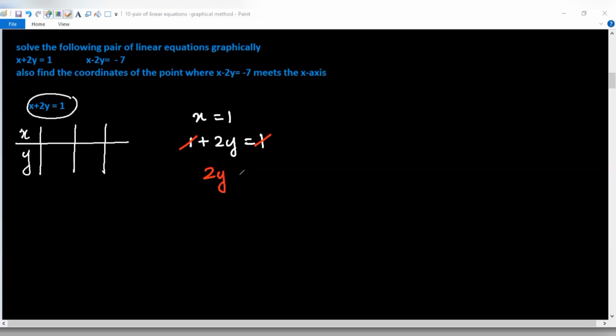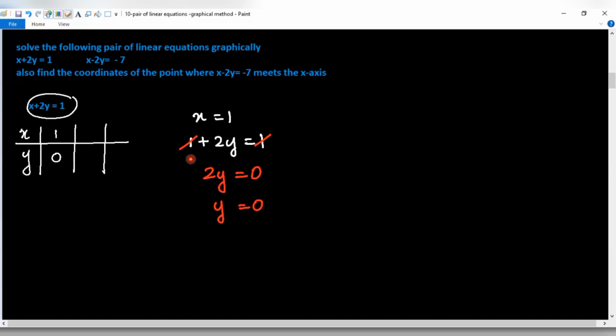So what we got? 2y equal to 0, or y equal to 0. Thus we got one integer pair which we can plot on the graph paper. So x equal to 1 and y equal to 0 is the solution.